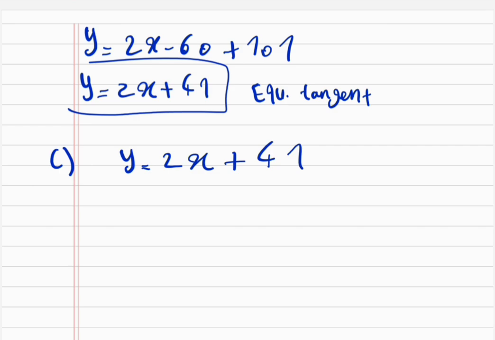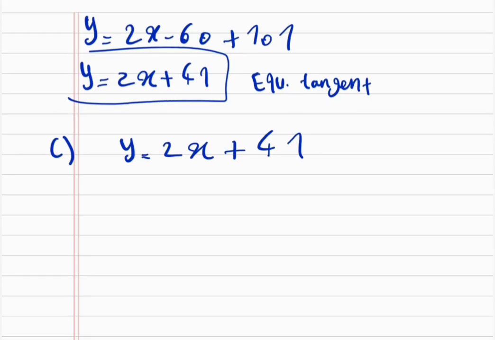Now the reason we do that is because it's all about the value of the discriminant, because remember the discriminant tells us the number of roots, and in this case, if we manage to get more than one root, then that means the tangent intersects the curve at more than one point.